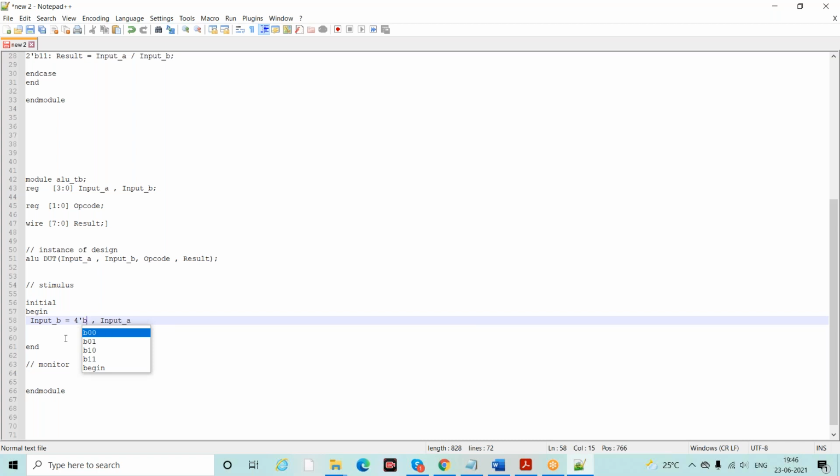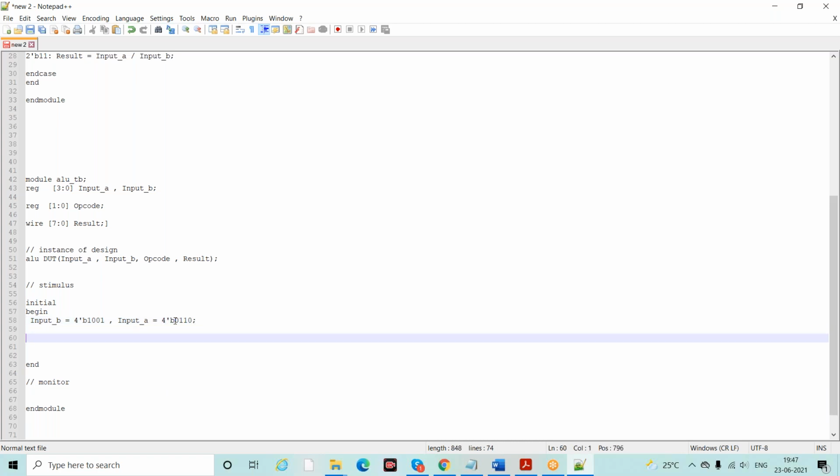You can declare it one time, then you can perform all the operations. That is also fine. I can say 00, 1, this is 9, this is 3. 4'b, you can also use some looping statement. 0 1 1 0. Okay, so this is a semicolon.